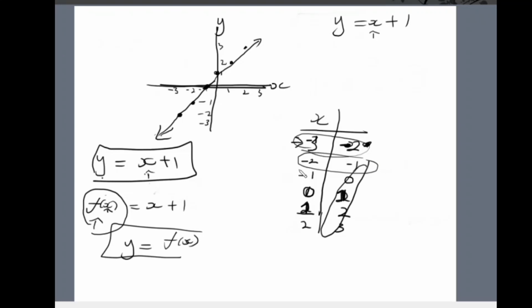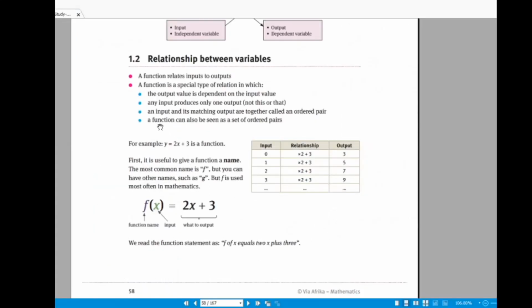So no other value of x gives us -2 besides -3. I don't know if that makes sense, but the point is every single input can only match with one output, right?